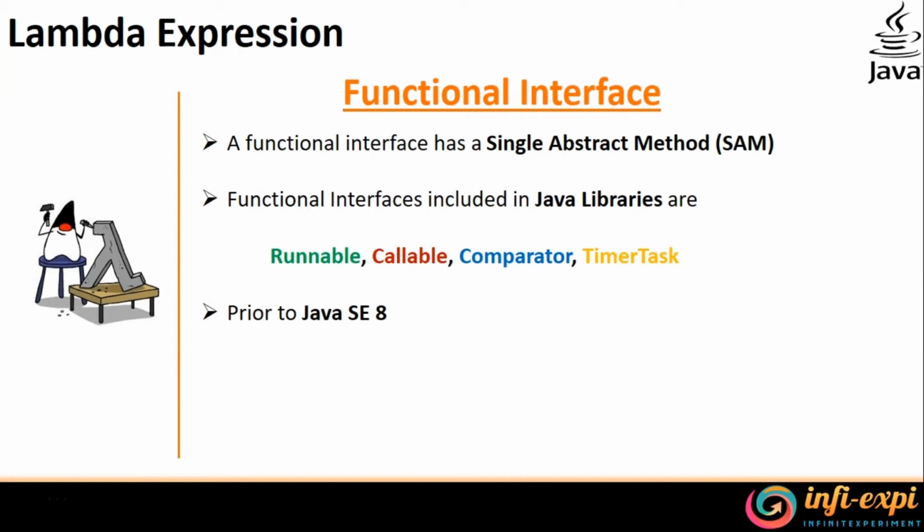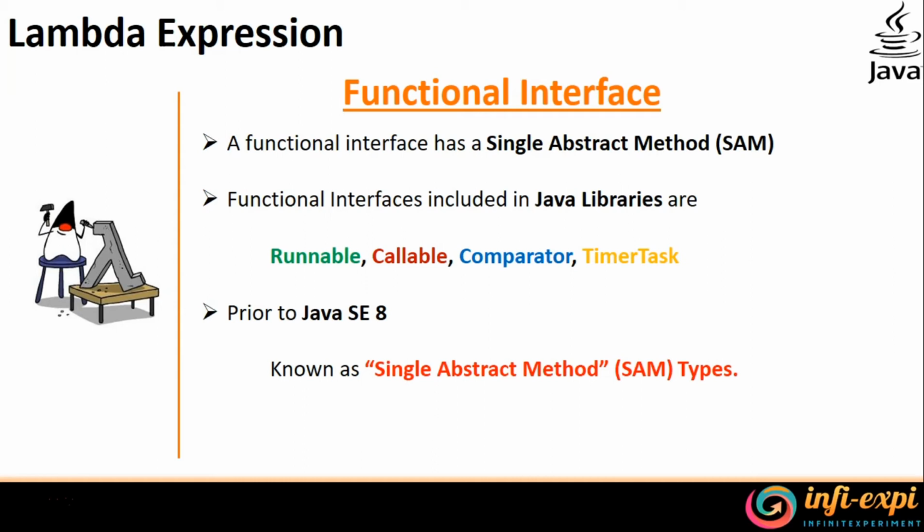And more interestingly, you also have a dedicated library for predefined functional interfaces, called general purpose functional interfaces, that we will discuss in more detail in a later video. Now, prior to Java SE 8, that is before the version of Java 8, it was called single abstract method types.